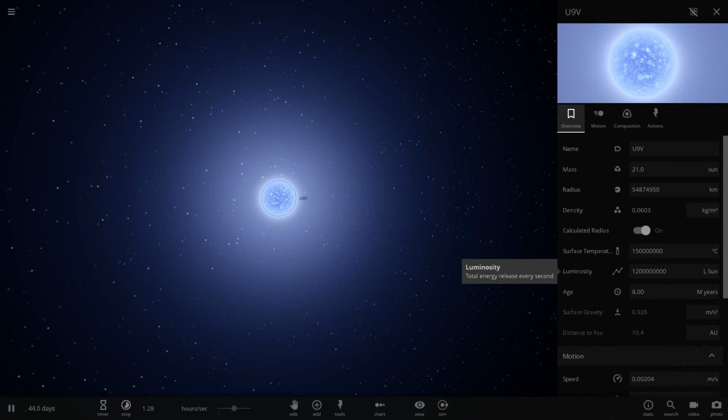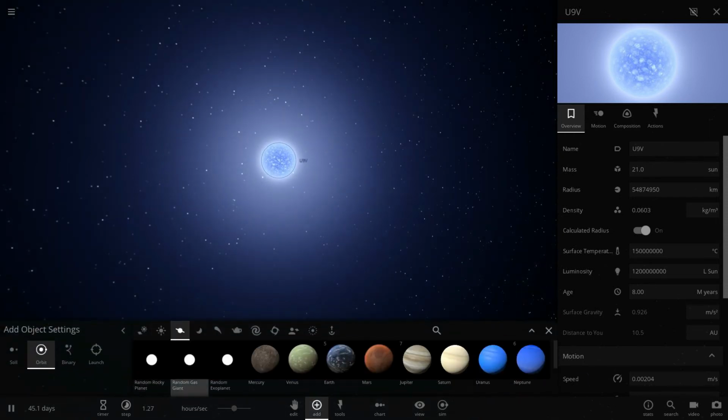These are like, that changed color. I saw that out the corner of my eye. It went from a light blue to that. I saw it. It is so hot right now. What if we put a planet around this? Will it just instantly evaporate it?